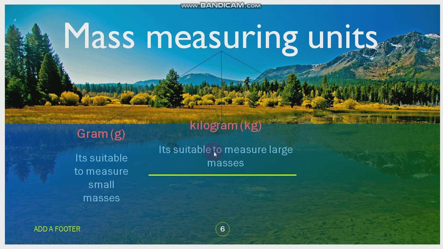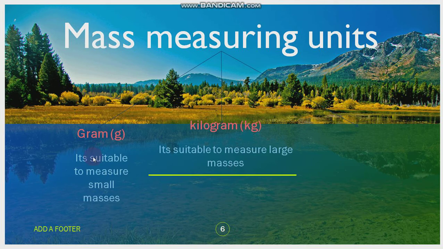Kilogram is suitable to measure large masses. And gram is suitable to measure small masses. Small masses like what? Like jewelries. But kilogram is suitable to measure large masses. Large masses like what? Like fruits and vegetables.